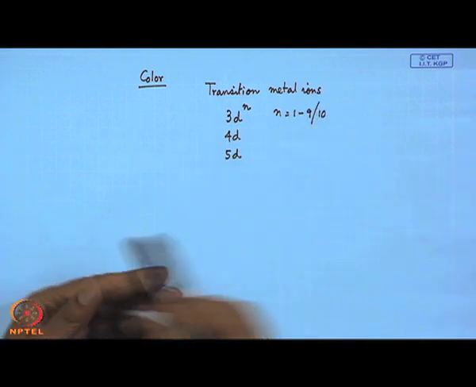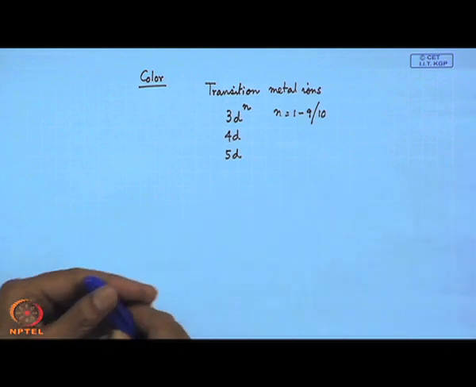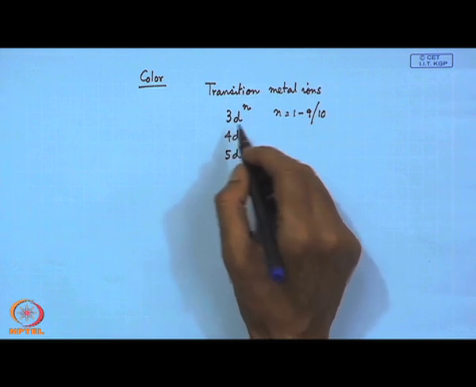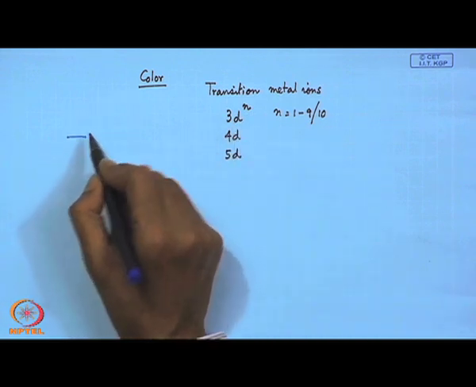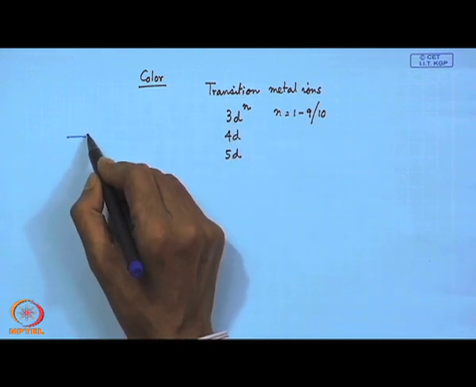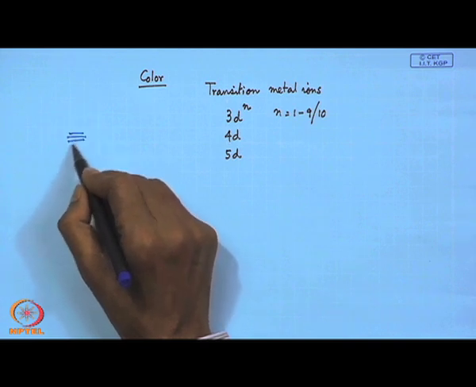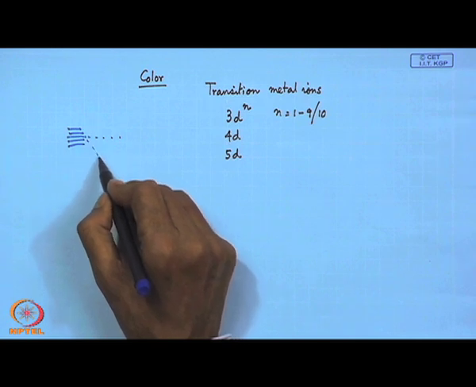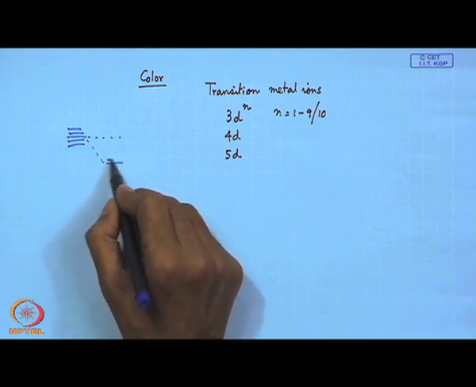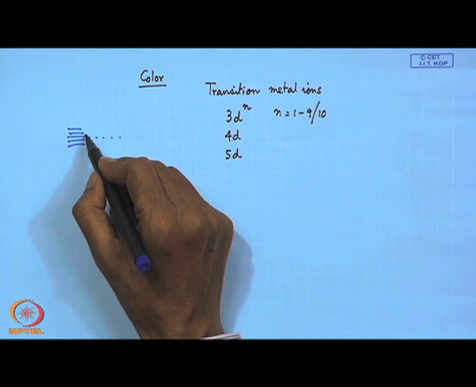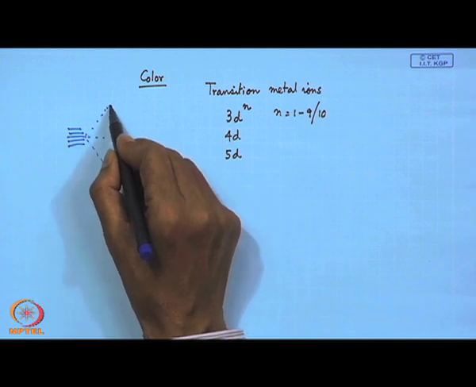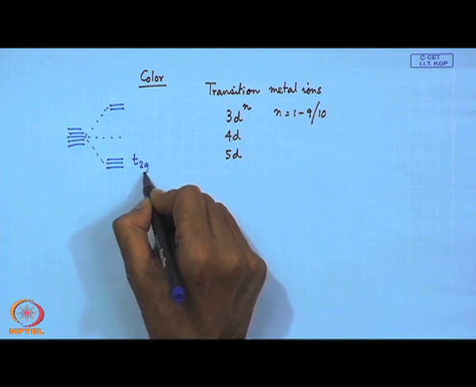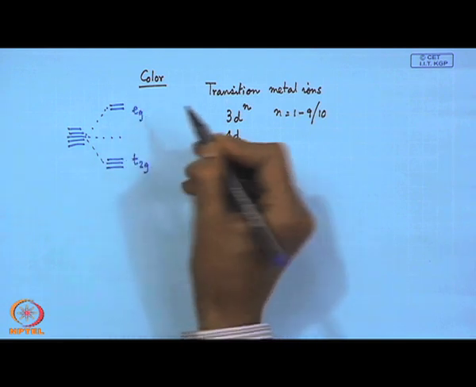So, that means we have unpaired electrons in the d level, and if these unpaired electrons are in a certain crystal field, such as the octahedral crystal field, then as we all know, it will be split into two sets, one the T2g set and another the Eg set. So, we have the T2g set and the Eg set.